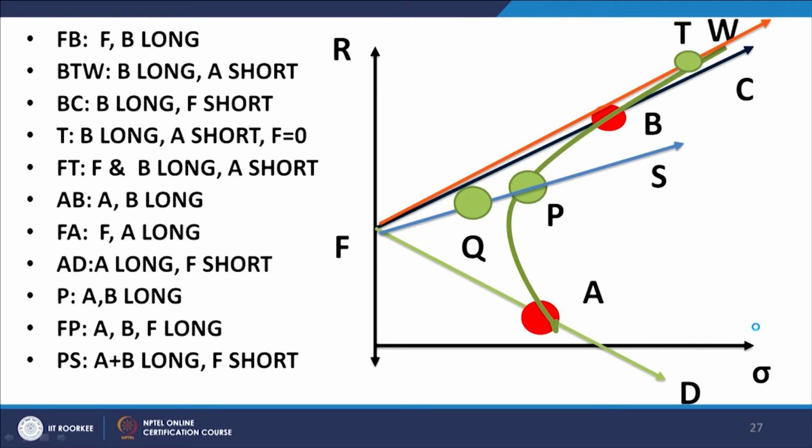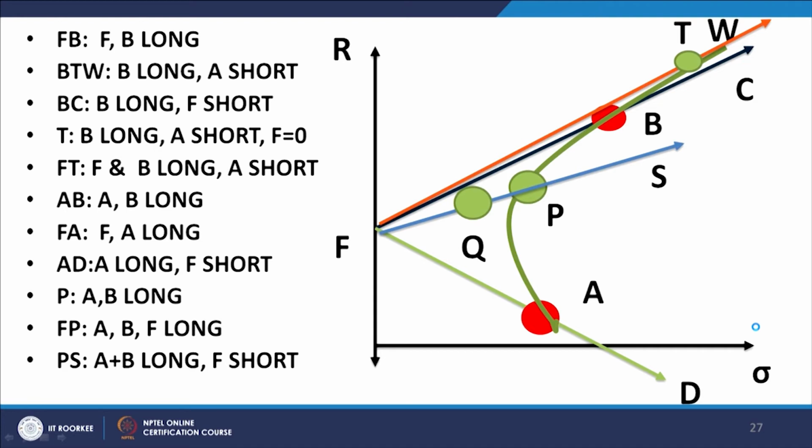At the point B, XB is equal to 1, XA is equal to 0, and there is of course no XF. But as you move along BTW, along the hyperbolic arc, I reiterate, XA starts becoming short, XB continues to be long, being greater than 1, but XF continues to be 0, because there is no involvement of F insofar as this hyperbolic arc is concerned.